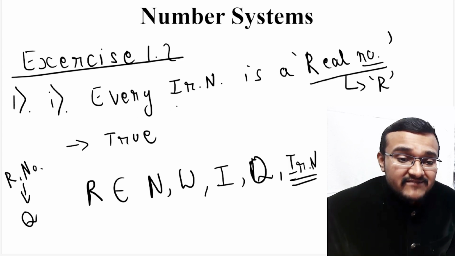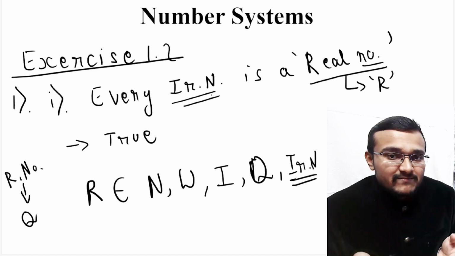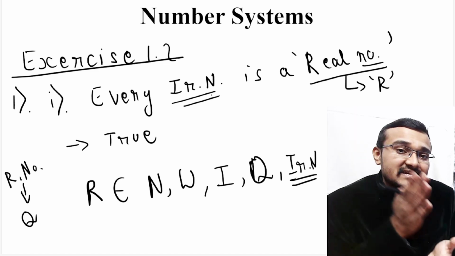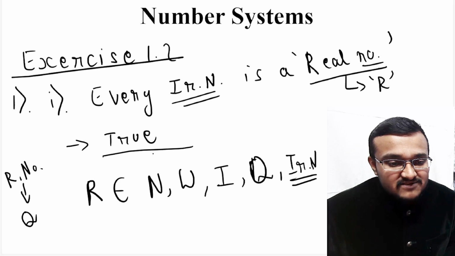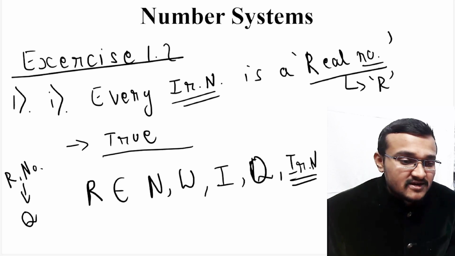So that means every irrational number is a real number because real numbers contain irrational numbers as well. So the answer for the first statement is true.